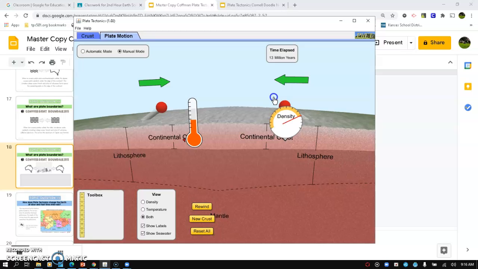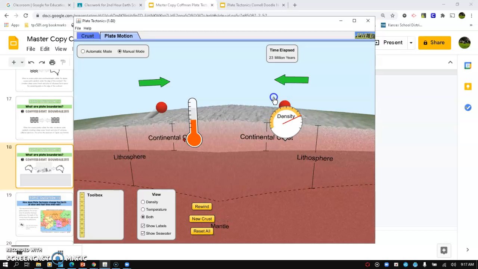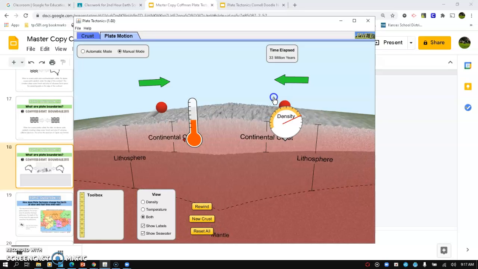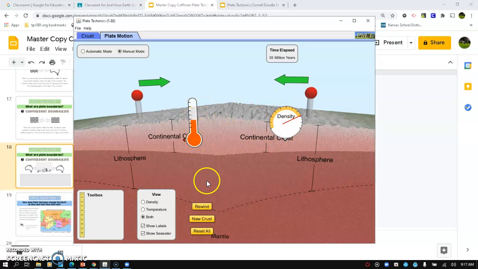Boom! And 10 million years. Boom! 10 million years. Boom. Okay, and it made a really V shape here and some weird terrestrial things, but that's after 35 million years and it stopped.